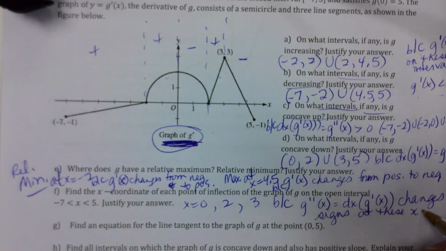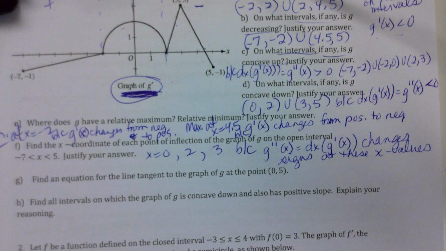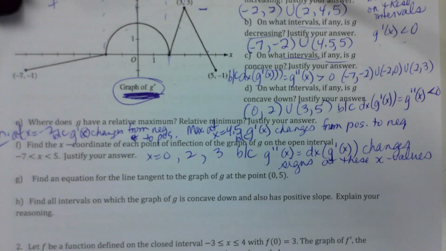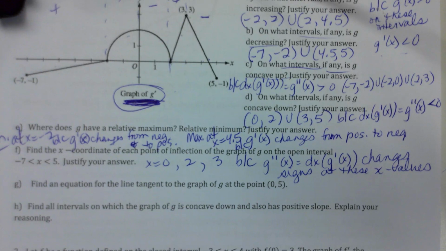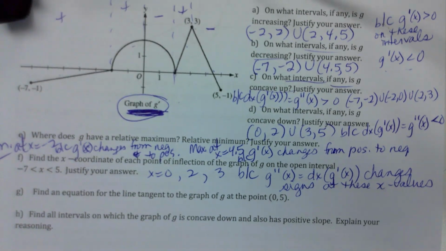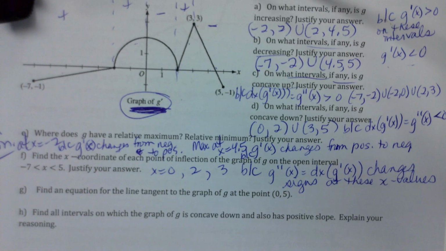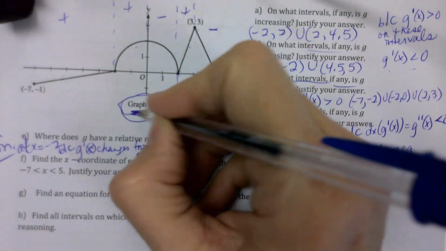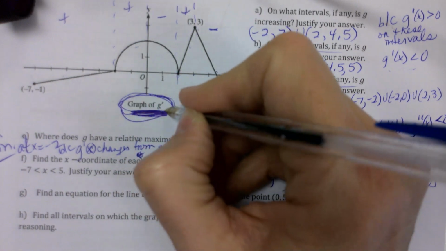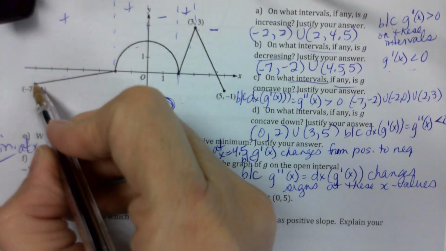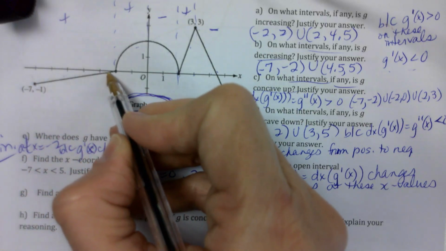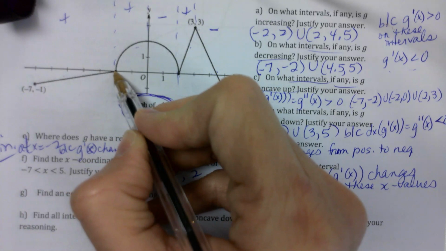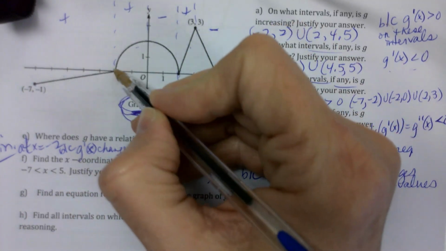Miss Washington, back to the maximums and minimums, is it when the line goes from positive to negative, or when it goes on the graph from positive to negative? This is the graph of G prime. These are the values of G prime. G prime is -1, negative point something, point something, point 0, 1, 0. Then G prime is positive 0.1.